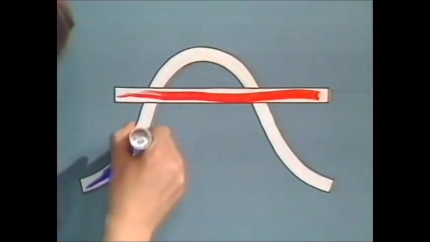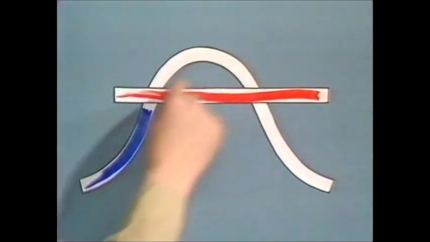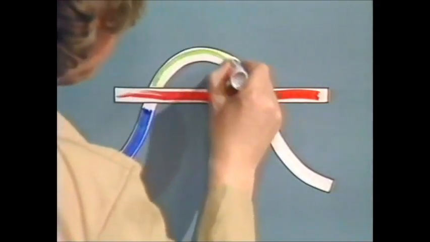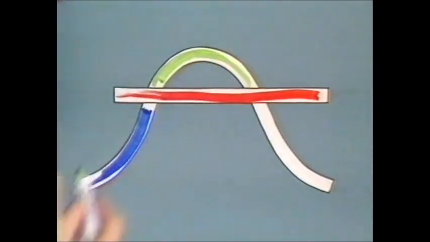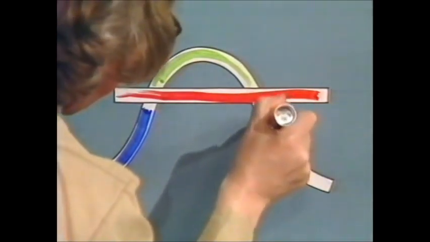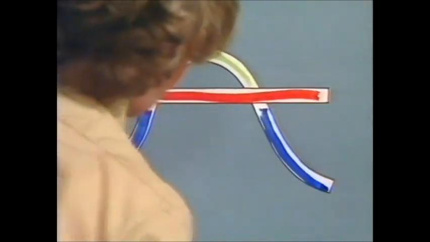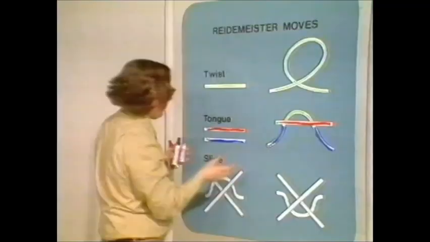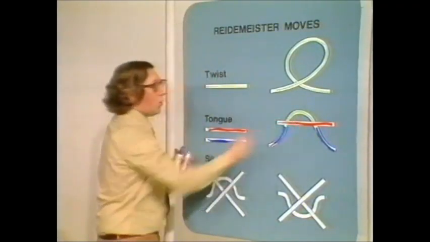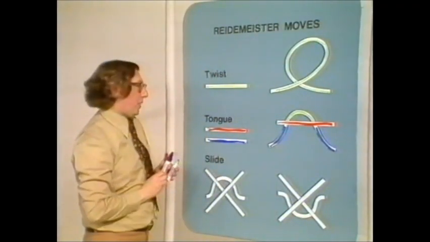And here I have a blue one coming in. Now, by the rules, there must be a third color introduced at this crossing point, so I must introduce green here. And then again, by the rules, I must introduce blue. So, in fact, this really brings me to the same picture, a red and a blue coming in and a red and a blue coming out. So that local operation doesn't affect the colorability.